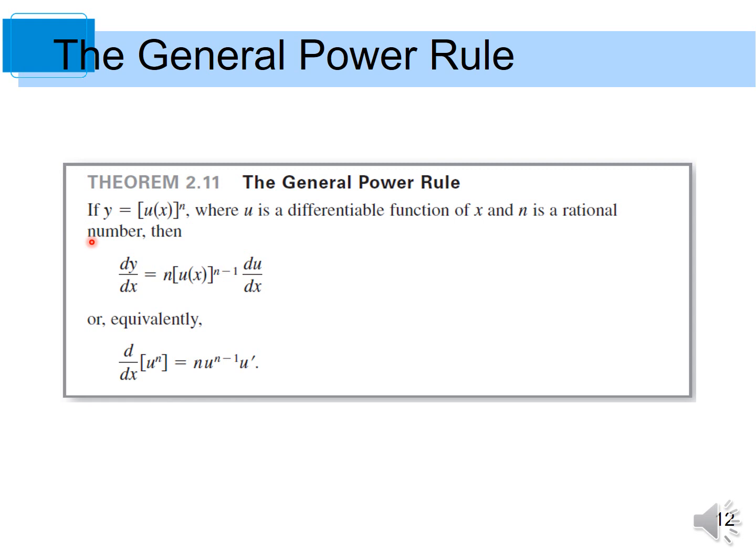Look at this theorem. If y equal to u(x) power to the n, where u is a differentiable function of x and n is a rational number, then dy/dx equal to n times u(x) power to the n minus 1 times du/dx.